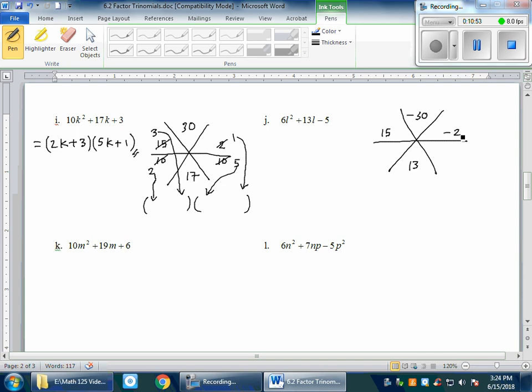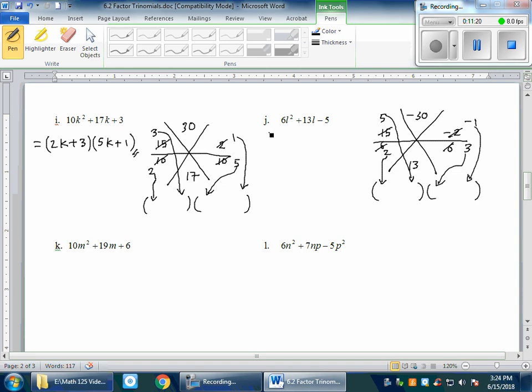Then we divide by A, which is 6, and then reduce. 3 goes into 15 5 times, 3 goes into 6 2 times, 2 goes into 2 1 time, and 2 goes into 6 3 times. So according to the rule, the denominator will be the coefficient of the first term, and the numerator will be the coefficient of the second term in each factor.